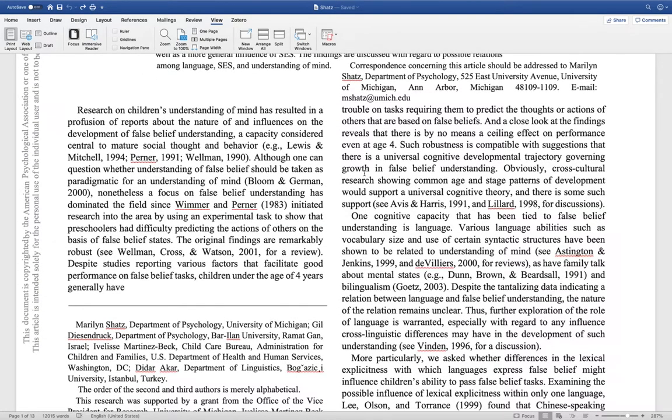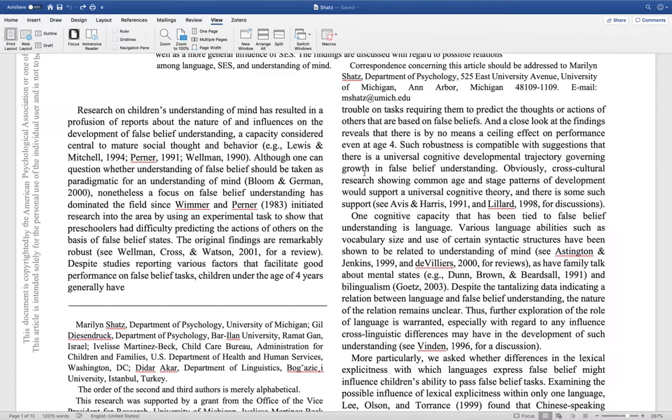One cognitive capacity that has been tied to false belief understanding is language. Various language abilities, such as vocabulary size and use of certain syntactic structures, have been shown to be related to understanding of mind, as have family talk about mental states and bilingualism. I'm not going to read all the authors.